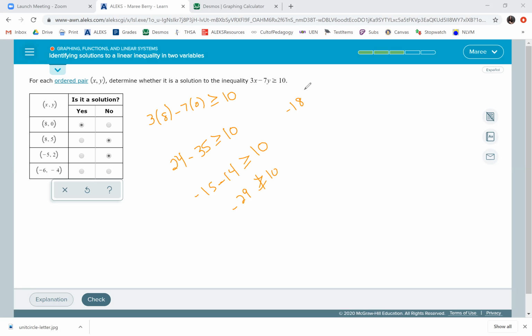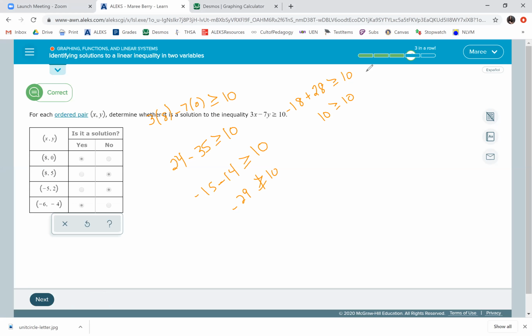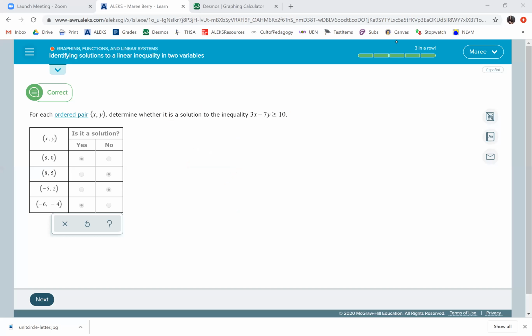So we're adding, because we're minusing a negative, so we're going to add 28. Is that greater than or equal to 10? It is, because it's 10. So 10 is greater than or equal to 10, so we put yes. And we check it, and that's it. So that's going to be the end of our lesson.